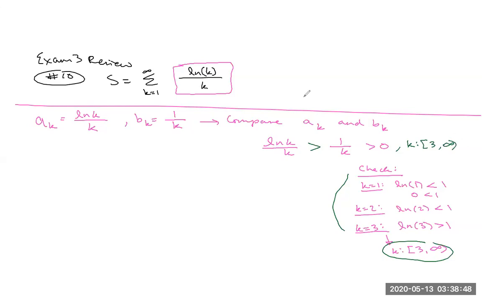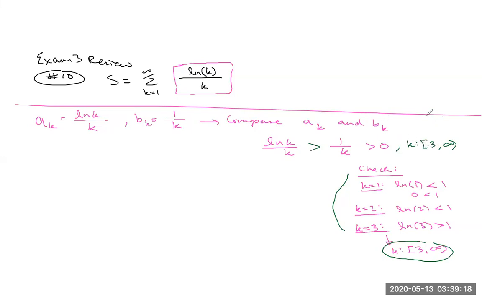Now, I'll probably be pretty sweet on that part. If you still put 1 to infinity, I'll just make a note on it to let you know and not take a point off. But do realize that it will be important in your later math classes to check. Okay, so what we found is that a sub k is larger than b sub k for k values 3 up to infinity.